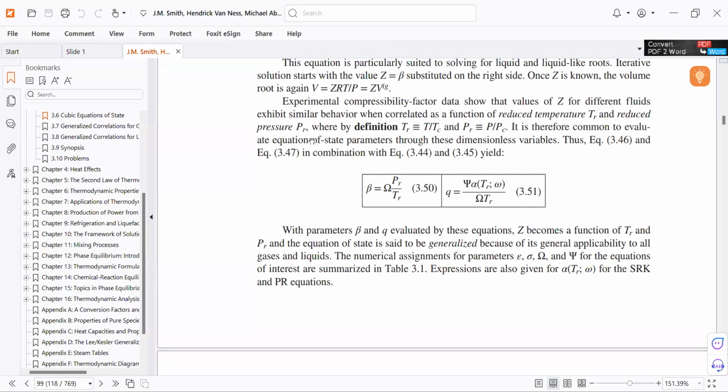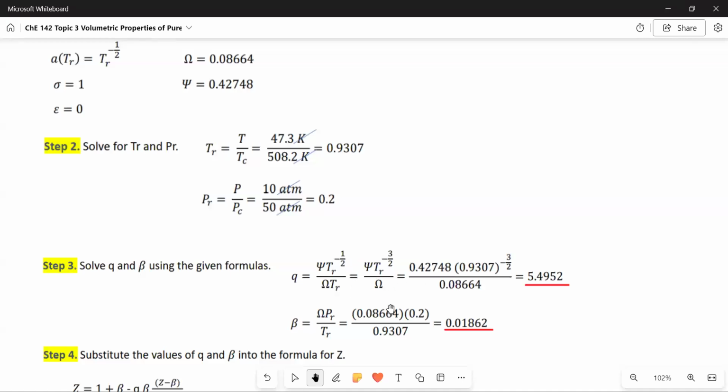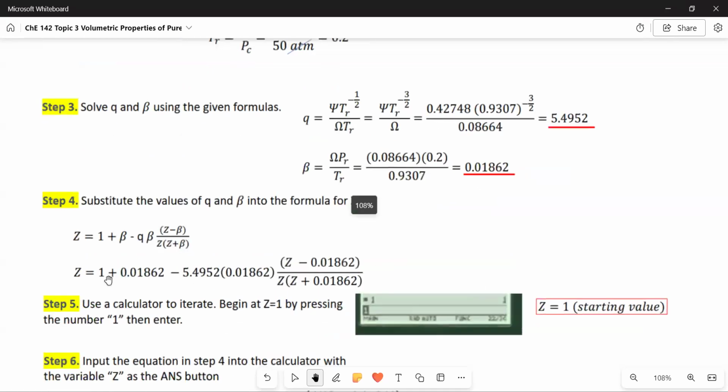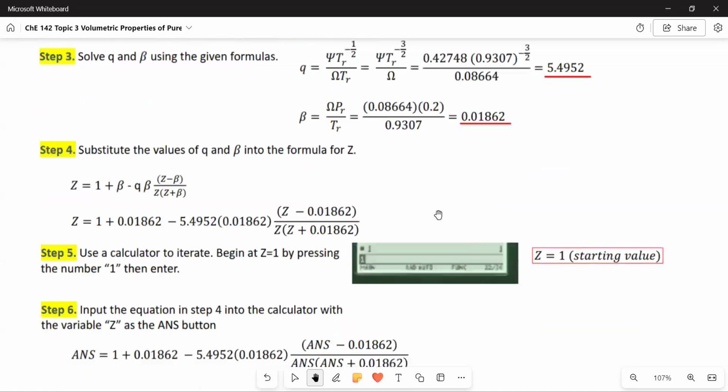Okay, so that's the first step. You substitute the parameters into the equation for Q and B. And then setting up this equation, after getting Q and B, you input those into the formula for the vapor-like compressibility factor. Again, we can make use of the calculator technique for iteration, or if you want, you can use Excel as well.